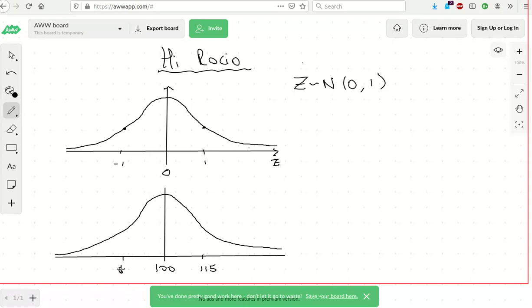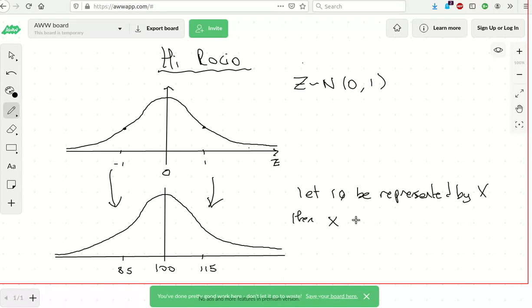So going from here to here on my graph would transform to something like that. Let IQ be represented by the random variable x. Then x is normally distributed with a mean of 100 and a standard deviation of 15.